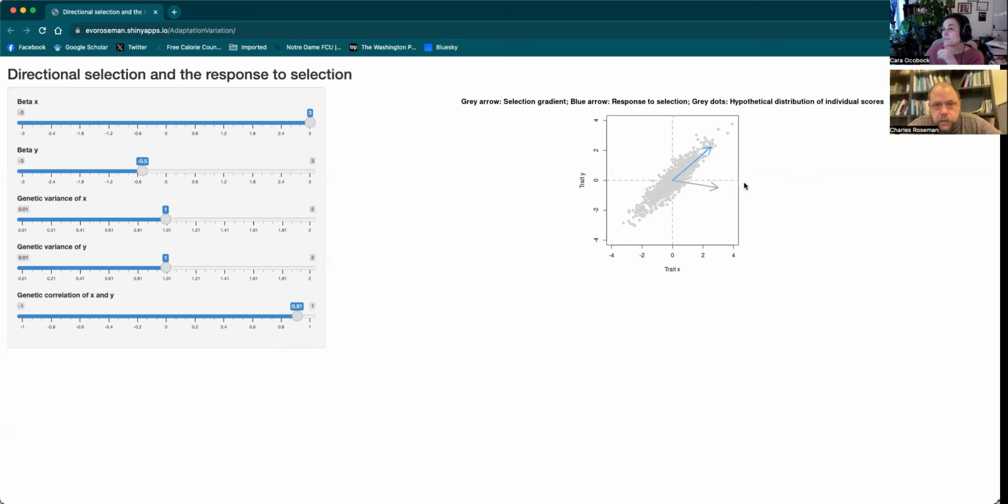So that is an instance where you are not getting a response in the direction of selection. And if you were to interpret the blue arrow, that response, let's say you knew that part, if you were to interpret that as how natural selection was acting to impart that evolution, without worrying about the variational considerations, you'd be led far astray.